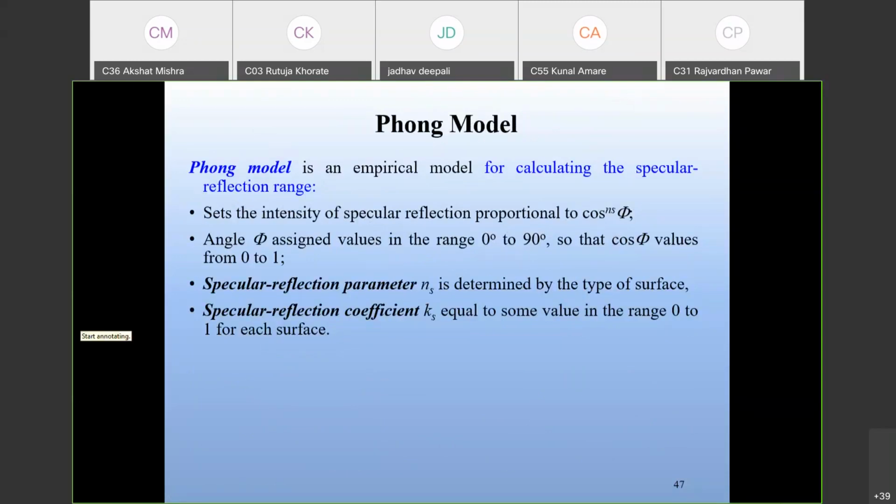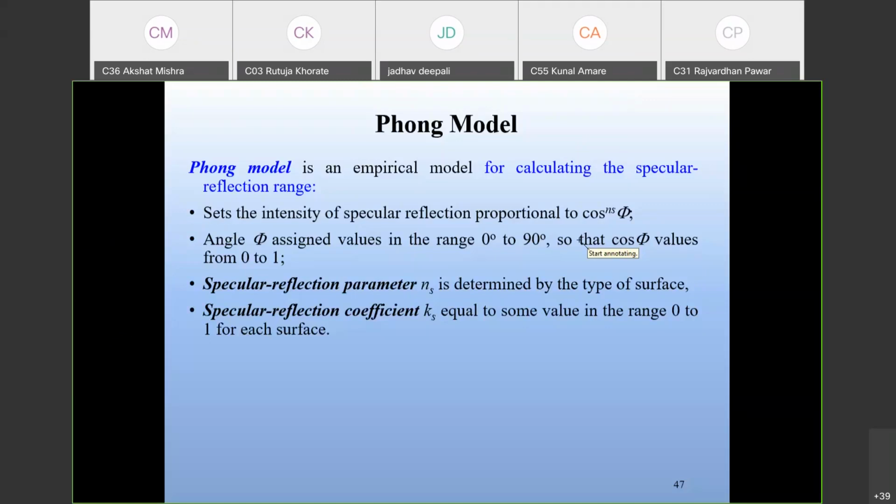What is the angle phi? It is the angle between the viewer and the reflection, V and R. Angle phi is assigned values in the range 0 to 90 degrees. If it is 0, then it is a perfect reflection, meaning the viewer and the reflection are in the same direction.